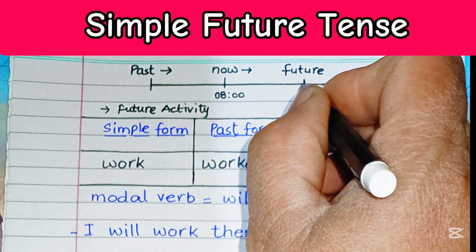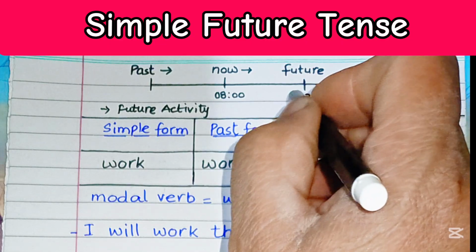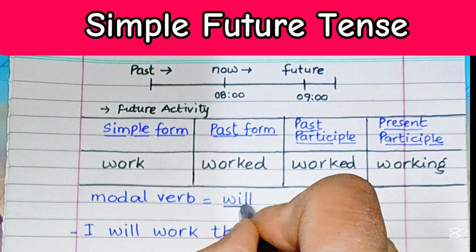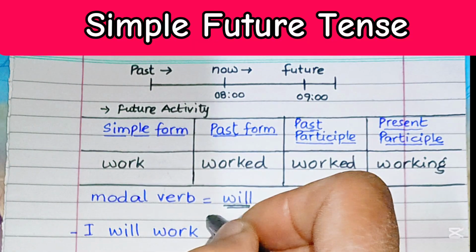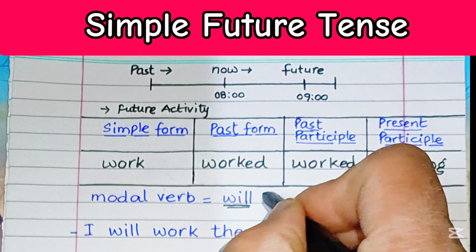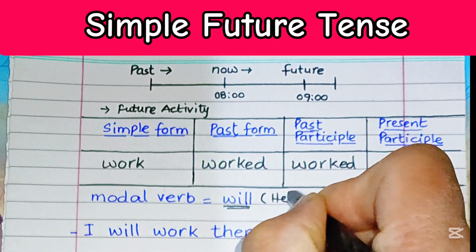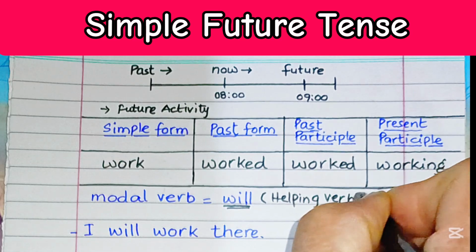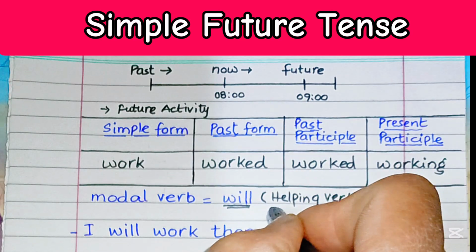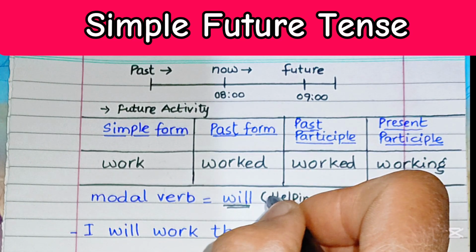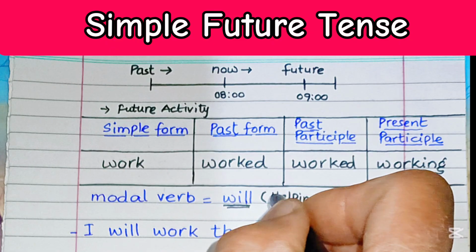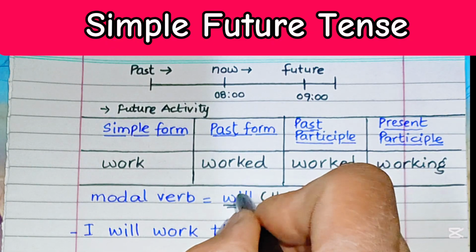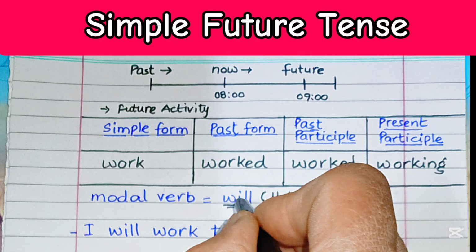The easiest way to form the simple future tense is by using the modal verb will, which is also called a helping verb. Or we can refer to it as a modal verb and use this will with a simple form of the verb.